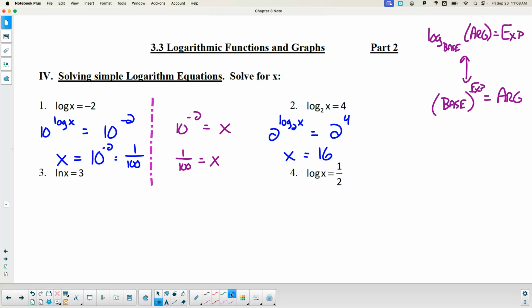If I do a change of forms method, then 2 would be my base, 4 is my exponent, x is my argument, 2 to the 4th is 16 equals x. Okay? I don't care which method you choose. I really don't.